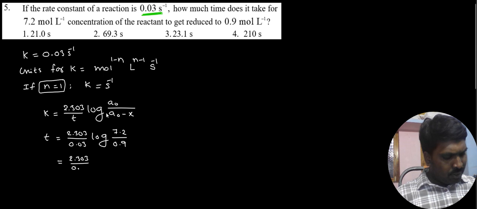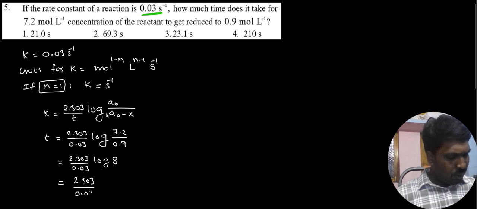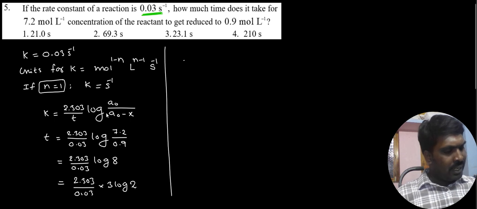Then 2.303 by 0.03, this is log 8. Now log 8 is log 2 cube, 3 log 2. Then 2.303 by 0.03 into 3 and the log 2 value 0.3010.